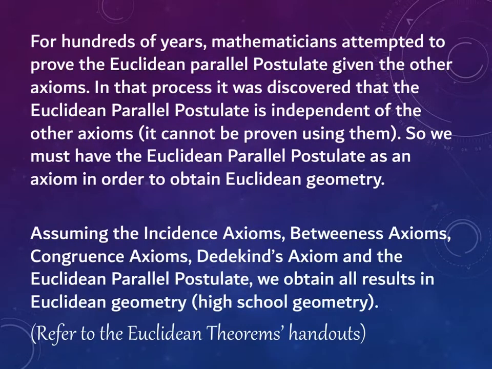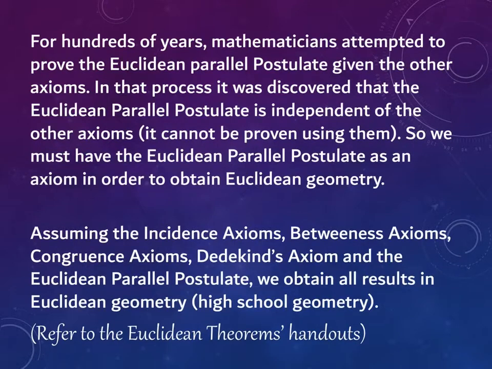Euclid's 4 postulates before the parallel postulate are broken apart to create the incidence axioms, the betweenness axioms, congruence axioms, and Dedekind's axiom. A lot of times it's easier to use portions of something if they're broken apart into smaller bites. And so that's what the incidence, betweenness, congruence and Dedekind's axioms do, is they break down Euclid's first 4 postulates into smaller chunks of material that are easier to use as we need to use them.